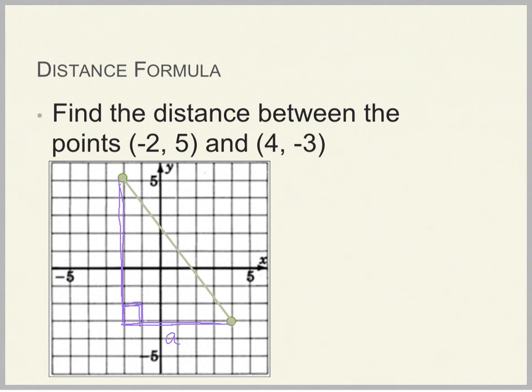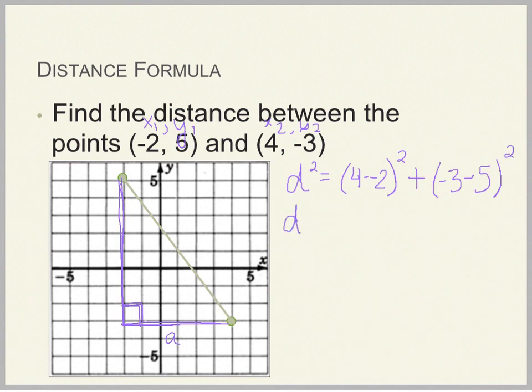So, labeling my points x1, y1, and x2, y2, I see that first I would take my distance, I'm going to start by squaring that, equals 4 minus a negative 2 quantity squared. Adding to that, the difference between my y variables, negative 3 minus 5 quantity squared.